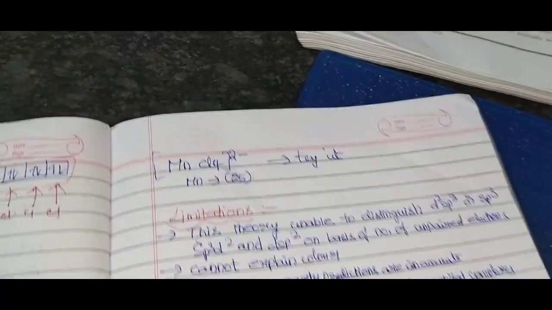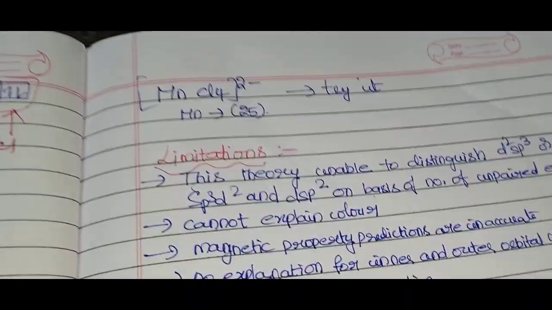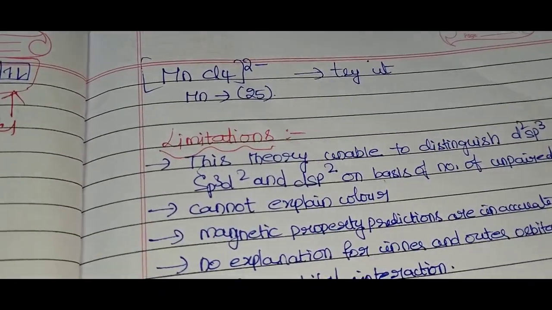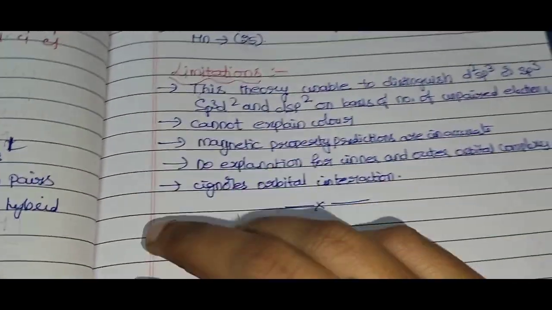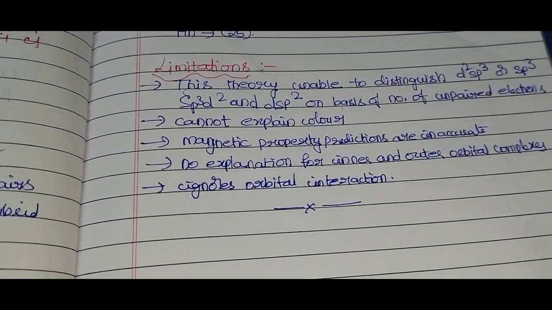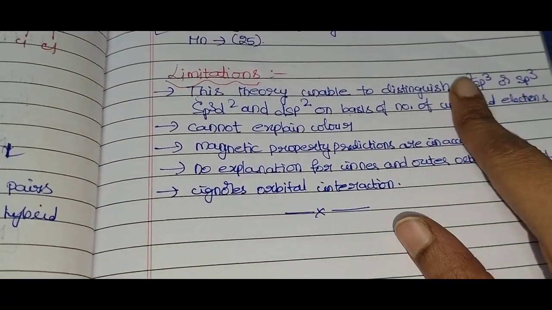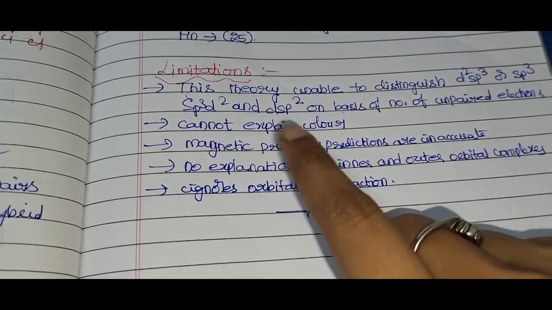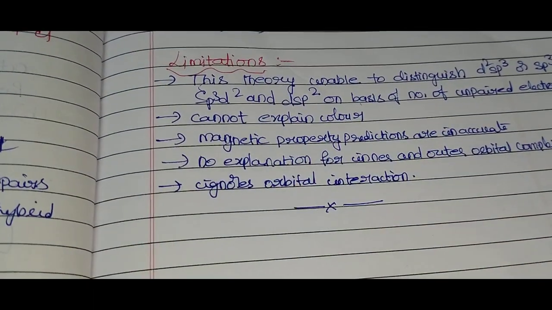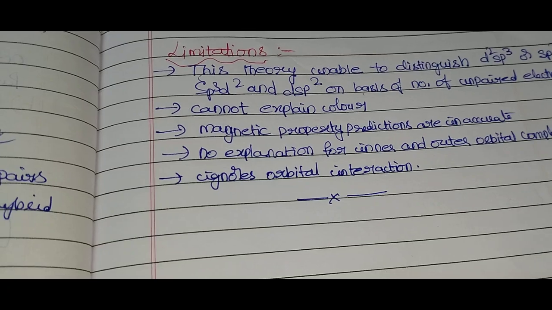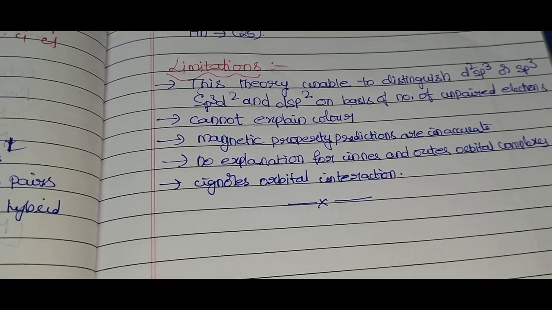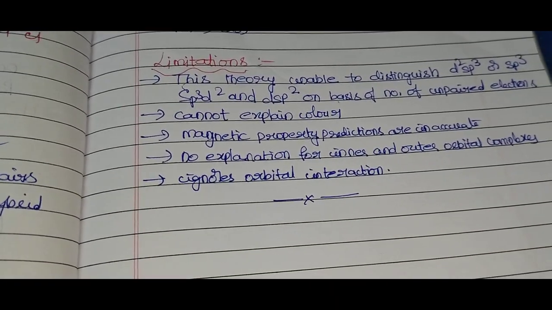So next, like all theories have some limitations, even valence bond theory also has some limitations. This theory is unable to distinguish between d2sp3 or sp3d2 or dsp2 or sp3, because on the basis of number of unpaired electrons we cannot distinguish which hybridization is taking place.